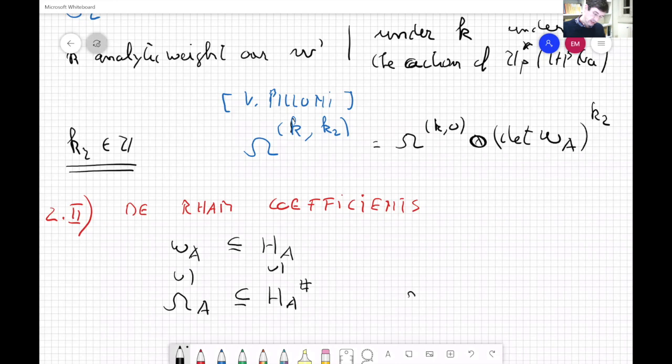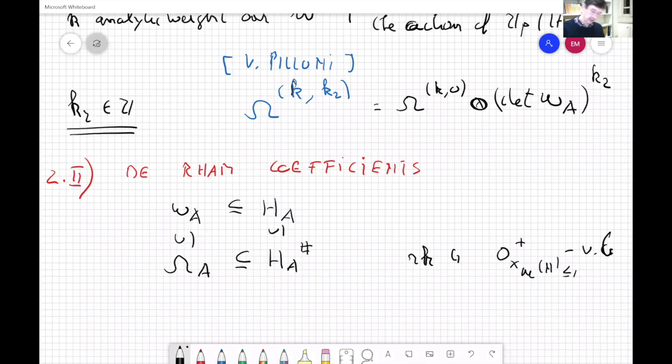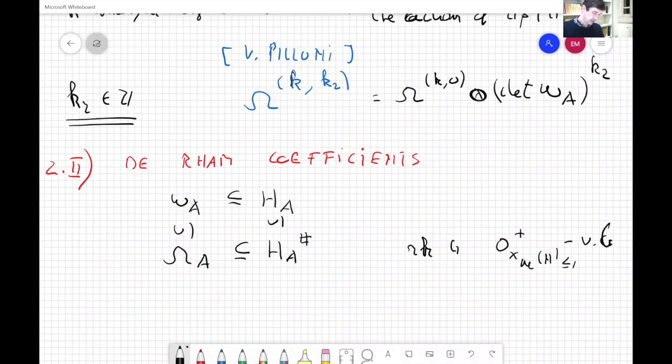Okay, so this is a rank 4 OX plus vector bundle with the property that the quotient by this rank 2, this omega A, is again rank 2.